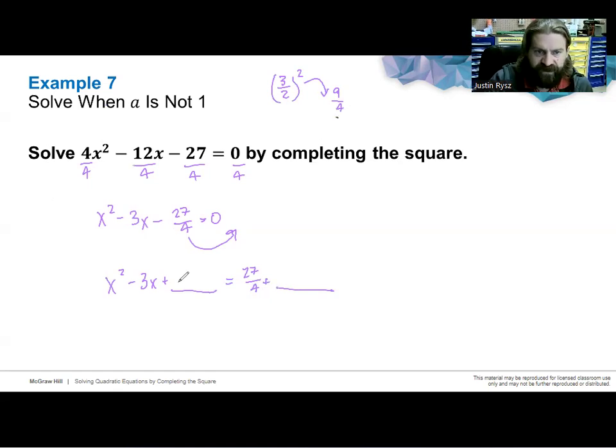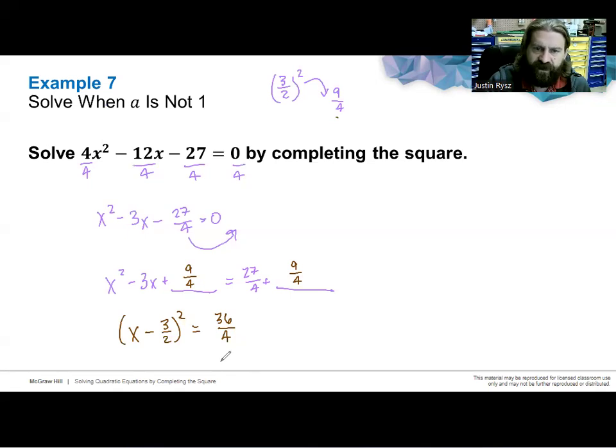We've said the best number would have been 9 over 4, so I'm going to add 9 over 4 to both sides to keep it balanced. And so this would be x minus 3 over 2 squared is equal to 27 plus 9, that would be 36 over 4.